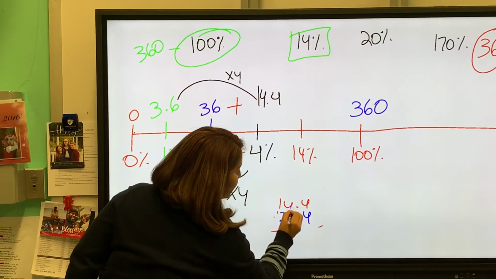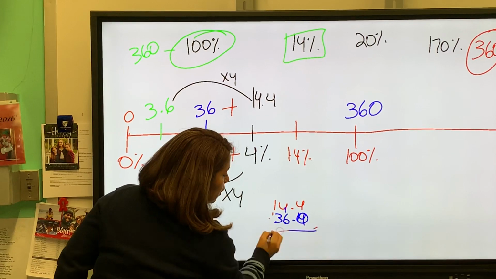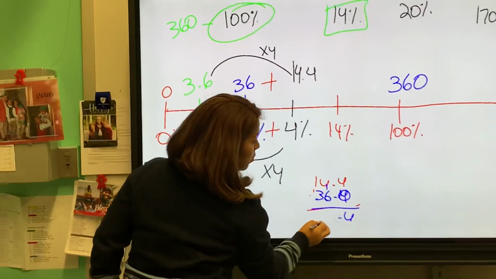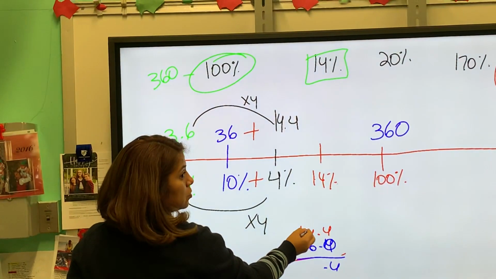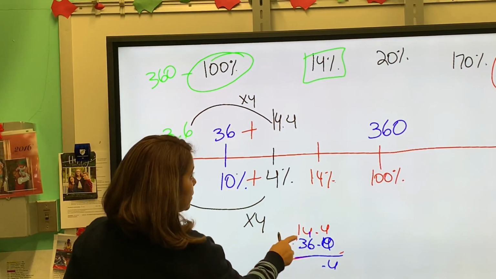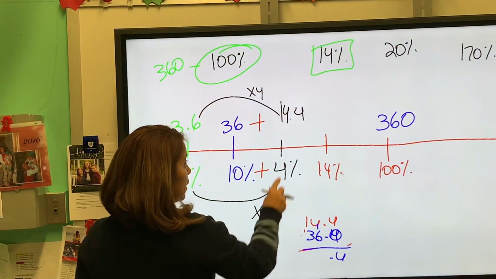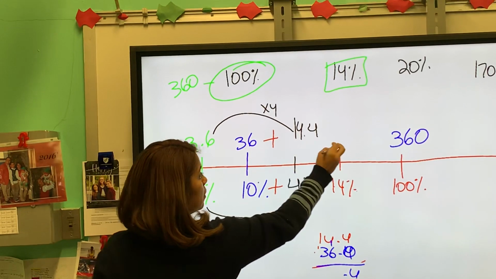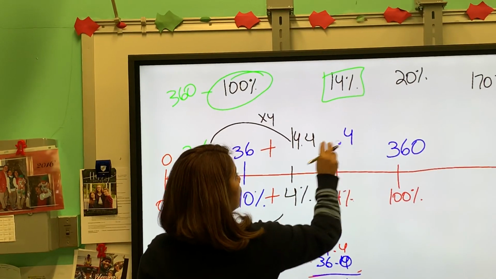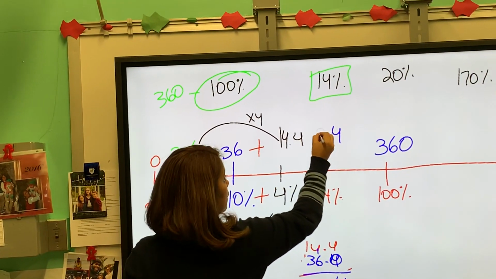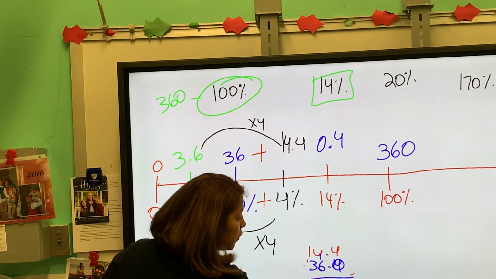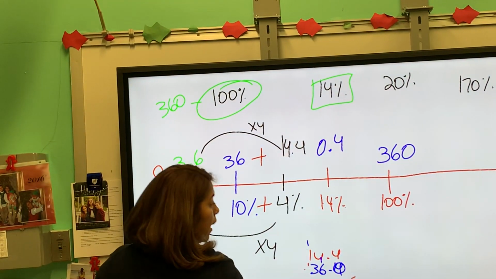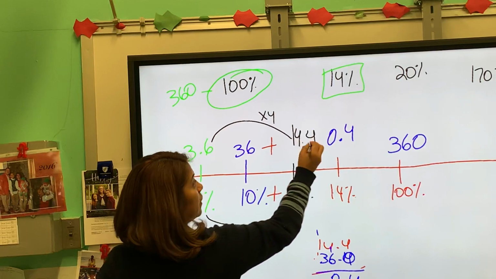That will be equal to what? 50.4. So I have here 4 plus 10. Is that right? This will give you a 10. And then I have 4, 5. Is that right?